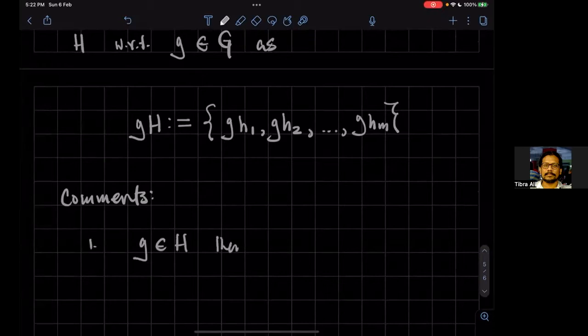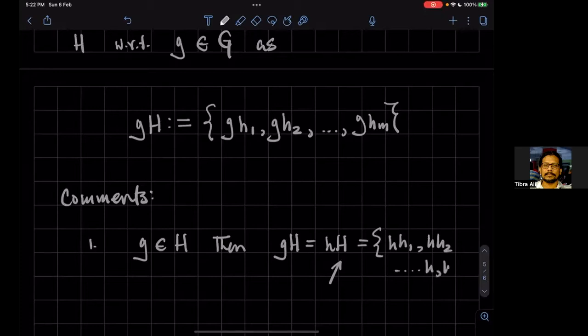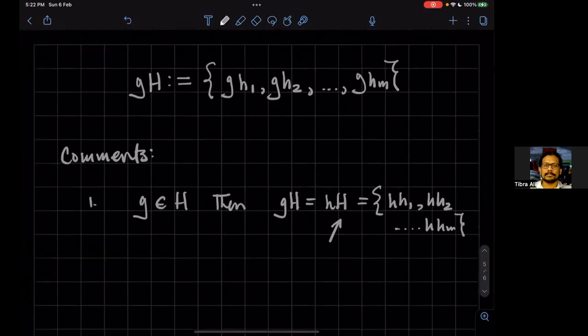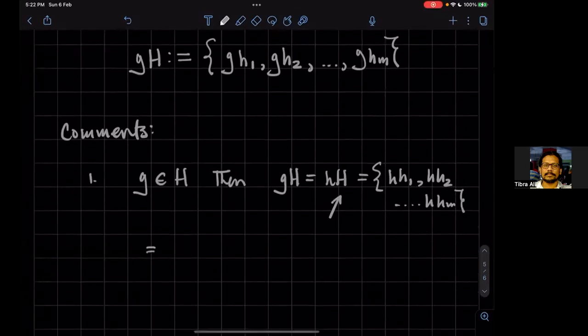Then you can very easily show that since g is in H and H is a subgroup, a group, if you take H times H1, H times H2, ... H times Hm, all that it's going to do is shuffle around the elements, right?